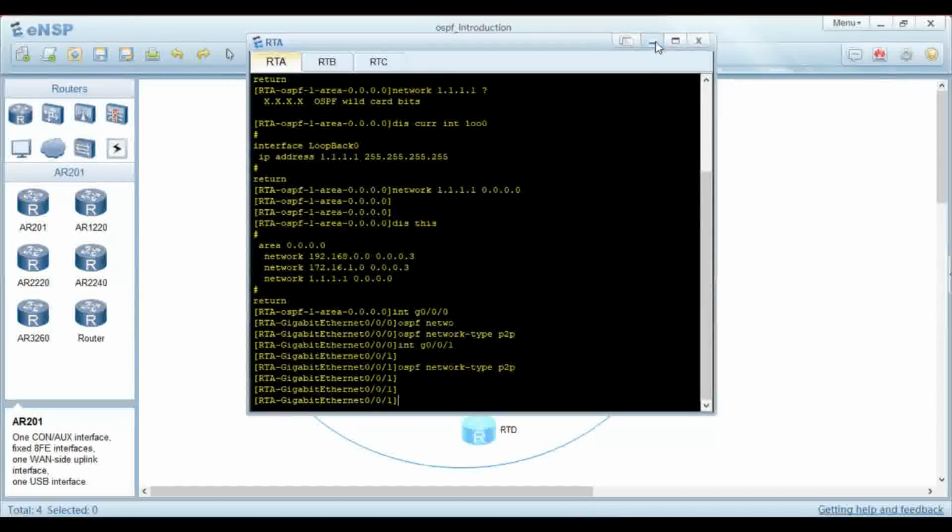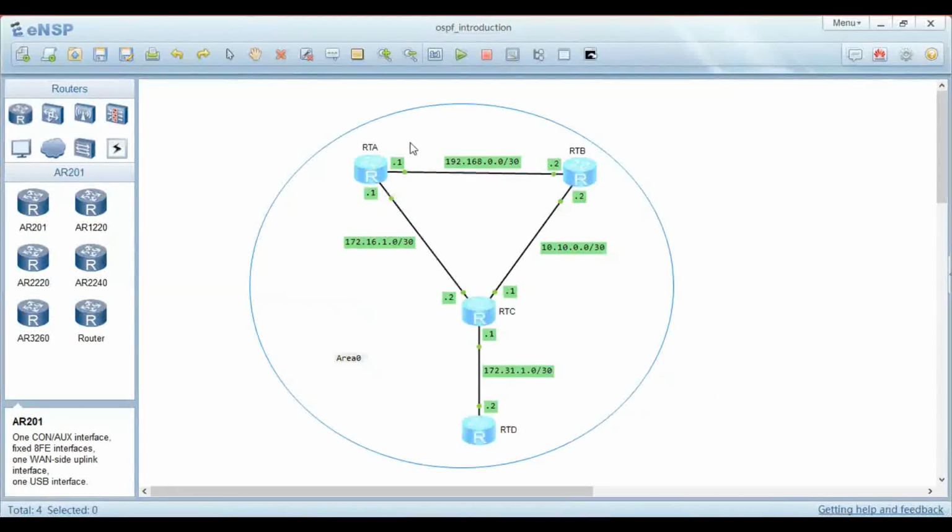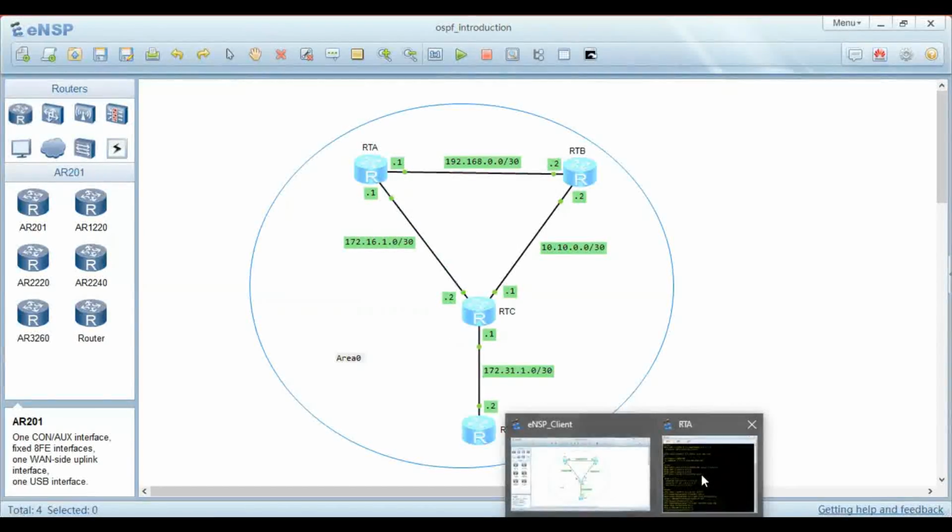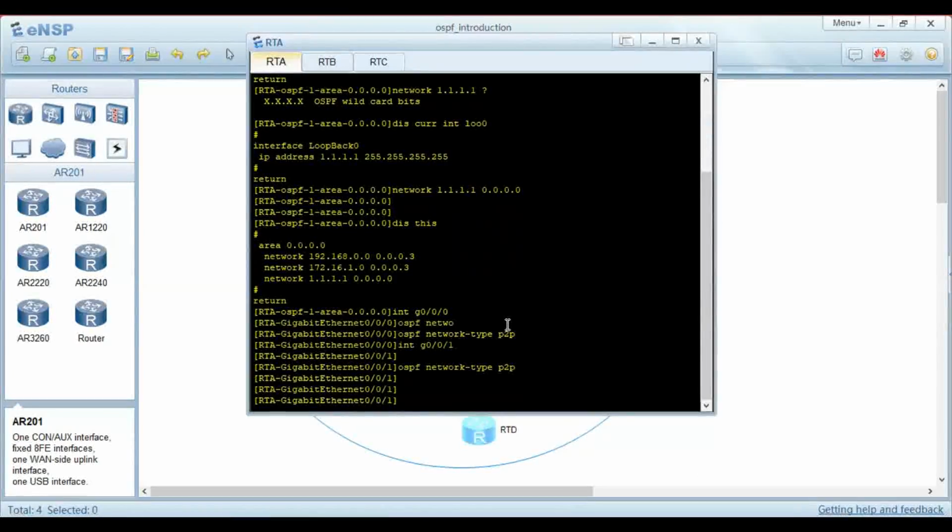So now we have finished our basic configuration for OSPF for router A. Our first verification command is to see which interfaces have been enabled for OSPF, and that command is display OSPF interface.